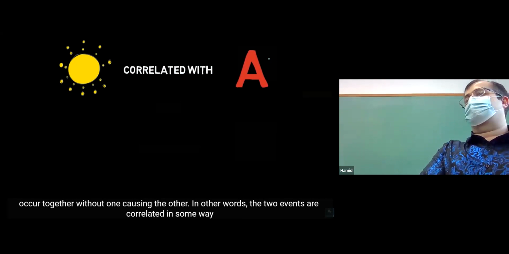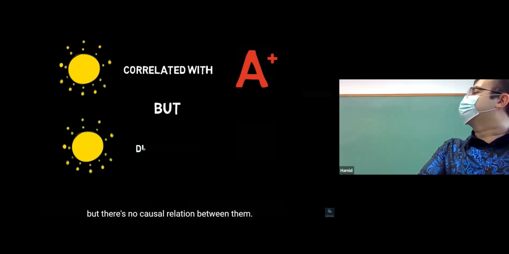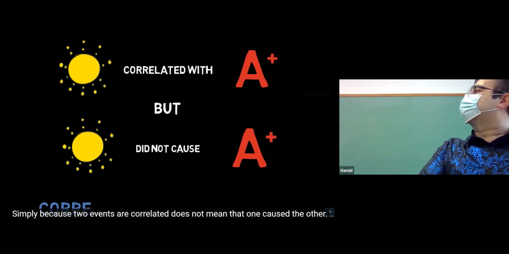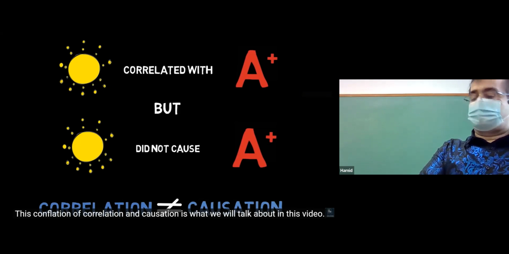In other words, the two events are correlated in some way, but there's no causal relation between them. Andy's reasoning here is fallacious. Simply because two events are correlated does not mean that one caused the other. This conflation of correlation and causation is what we will talk about in this video.